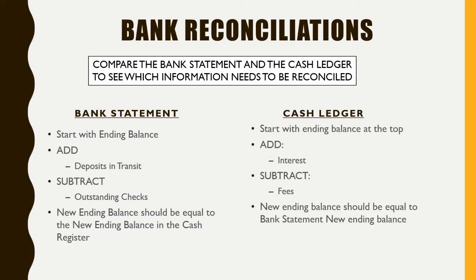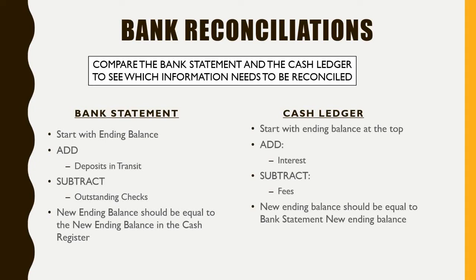And then you're going to subtract any amounts that you have pending outstanding checks for. So checks that you've written out that haven't cleared yet, or the other person received it but hasn't put it in their bank yet, or it is currently in the process of being transferred.